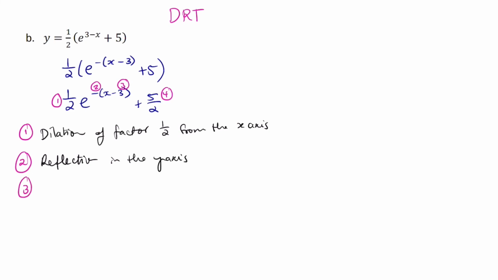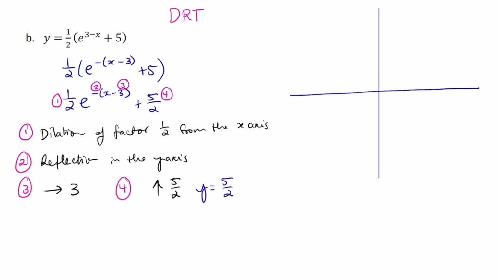And then, shorthand, we're going to move to the right by 3, and we're going to move up by 512. So that means our y asymptote is going to be 512. So that should be quite a bit of information. We're going to go ahead and sketch it. We will need to find our asymptotes and intercepts in a sec.